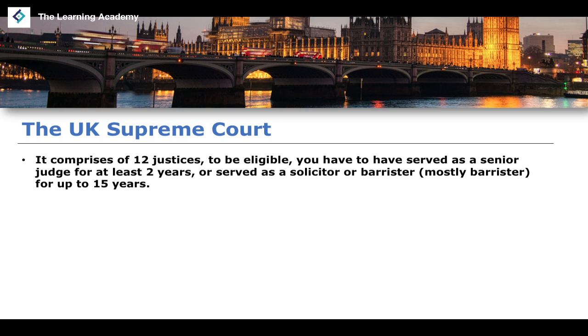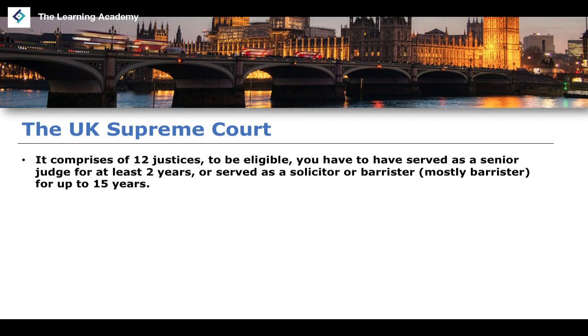Now, it is the case that, for the most part, the justices of the Supreme Court are taken from the pool of the higher senior judiciary. It's often quite rare for there to be barristers that make their way onto the Supreme Court. However, it's not something that has never happened.